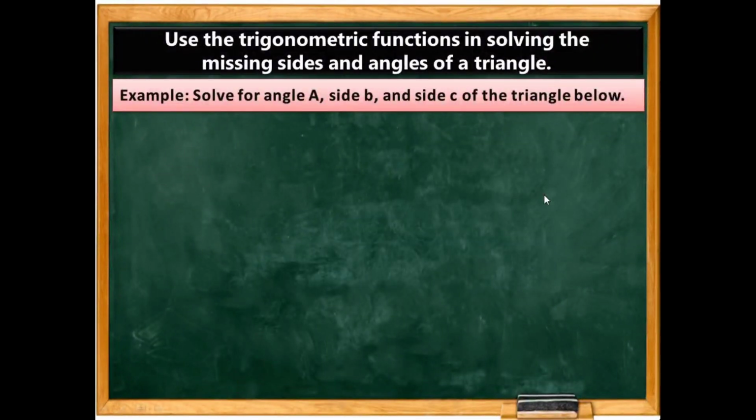Solve for angle A, side B, and side C of the triangle below. So we have here the hypotenuse, this side, and this side. So assuming this part is our angle A, and this corner is angle B, and the right angle is angle C. And this red line represents the side A, which is 8 meters.